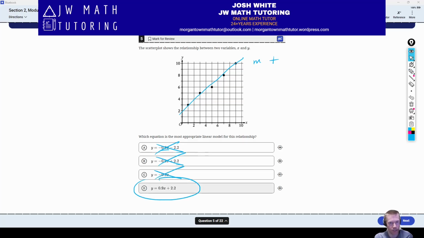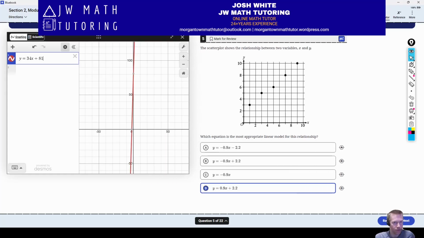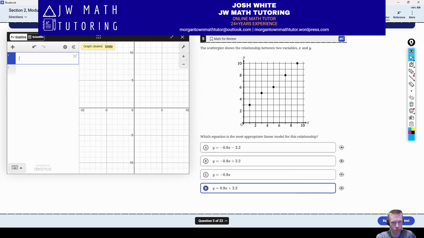You don't even have to bother solving for the slope or the y-intercept value. However, I'm still going to show you how to do that in Desmos if you wanted to confirm. So I'm going to pick 2 points here, and we're going to do linear regression. The first point is 1, 3, and then we've also got a point over here at 5, 6.